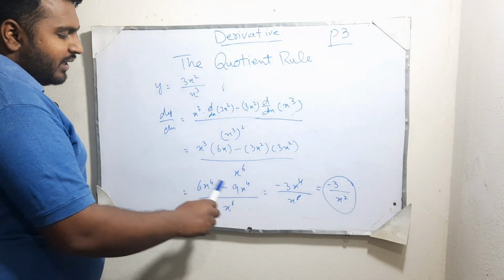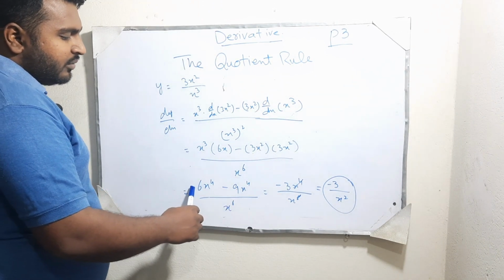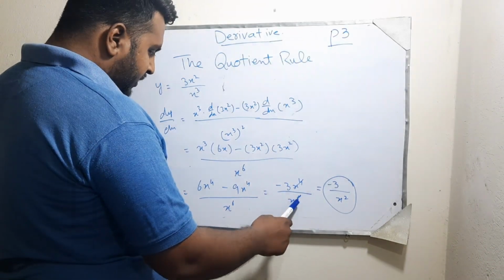These are like terms, like x power 4, and from 9, 6 would be subtracted, it would become minus 3x power 4 over x power 6.